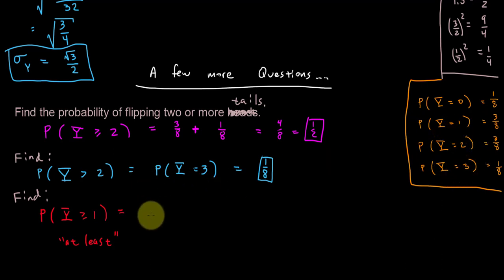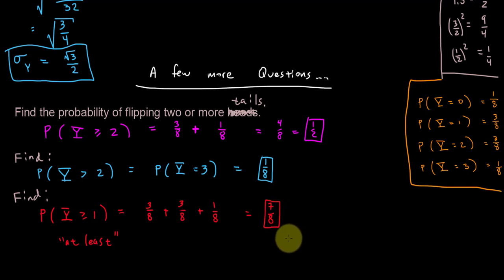So sort of the longer way to do this would be to get, okay, at least 1, so the probability for 1 tails plus the probability for 2 tails plus the probability for 3 tails. Absolutely. And you'll notice that this is 7/8. That is correct.